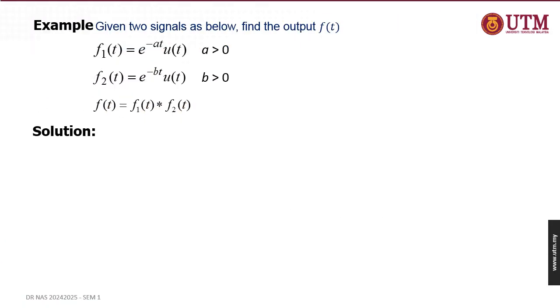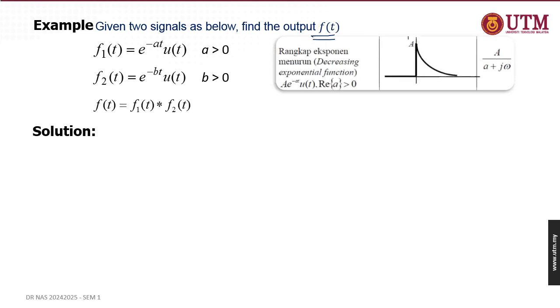Let's look at an example on convolution. You need to find the output f(t), meaning that the final answer must be a time domain equation. Given f1(t) equal to e^(-at) u(t) and f2(t) as shown. As usual, to perform the Fourier transform operation, you need to refer to the Fourier transform table.